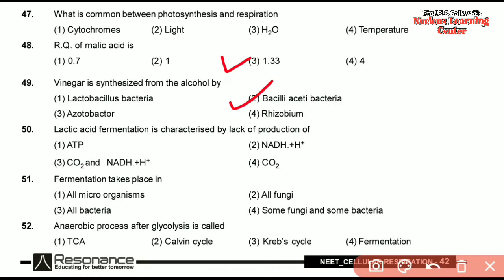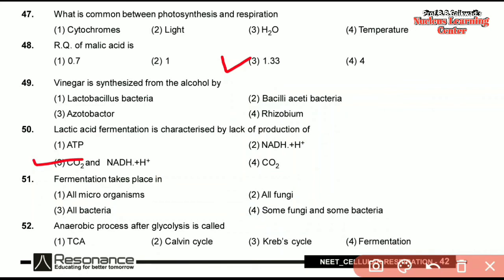The next MCQ is, lactic acid fermentation is characterized by lack of production of. So lactic acid fermentation is characterized by lack of production of CO2 and NADH. So the third number is correct for 50 number MCQ.